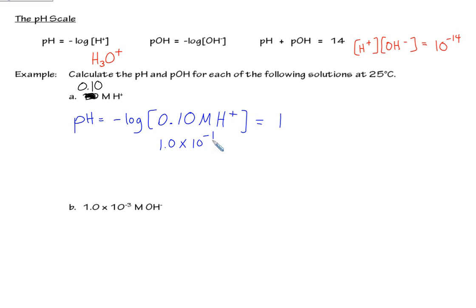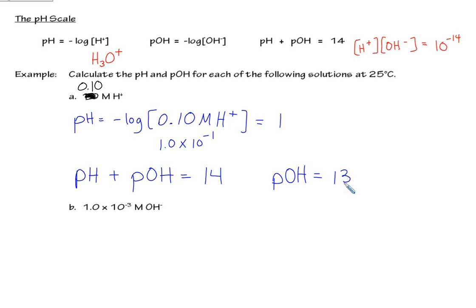Other options then, you want the pOH. You could do this. pH plus pOH equals 14. So if I know the pH is 1, the pOH is 13. Indirectly then, and they don't ask me this now, but what if they said, what is the hydroxide concentration in this solution?